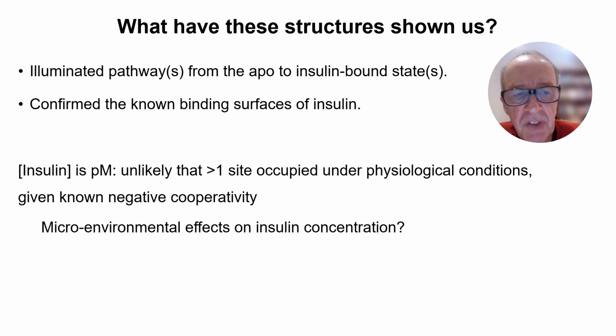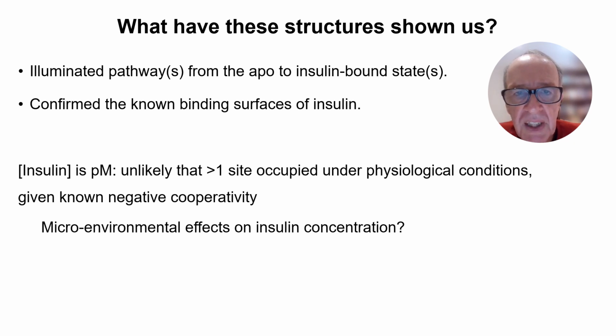It is my view that given the fact that the insulin concentration in serum is picomolar, it is unlikely that we're going to get more than one of the high affinity sites occupied, given the fact that receptor binding is known to be negatively cooperative.